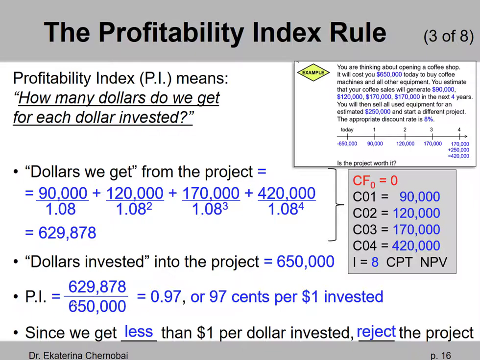So everything is positive numbers, and we get a profitability index that's always something that's positive. Notice how the conclusion we got in this problem is exactly the same as the conclusion when we used the net present value approach. There it was also a rejection of the project, and this is always going to be the case.